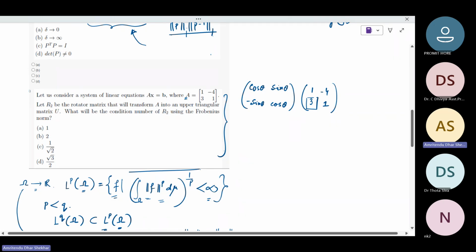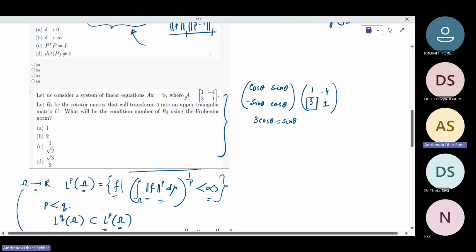So you would have to solve for it. Just make sure that when you multiply this thing, this quantity just drops to zero. And so essentially, you'll be solving 3 cos theta minus sin theta is equal to zero.